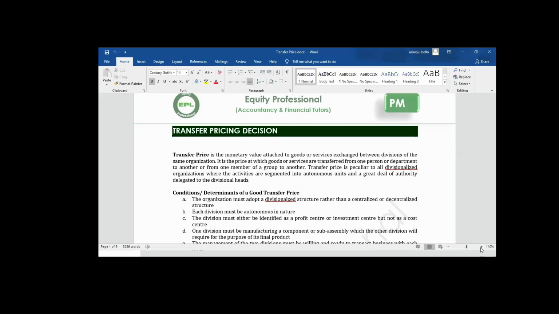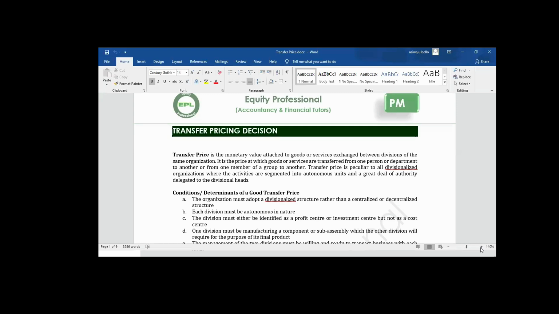Now, if Dangote Sugar is selling sugar to Dangote Bakery because sugar is required to bake bread, there must be a price for this transaction. That price is called transfer price.